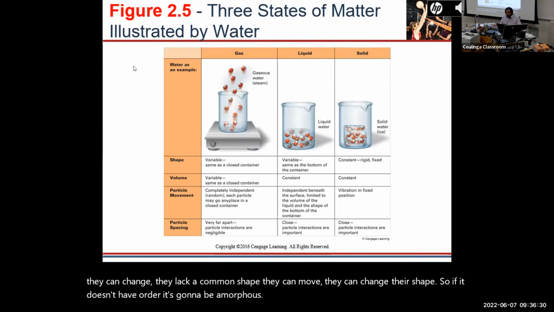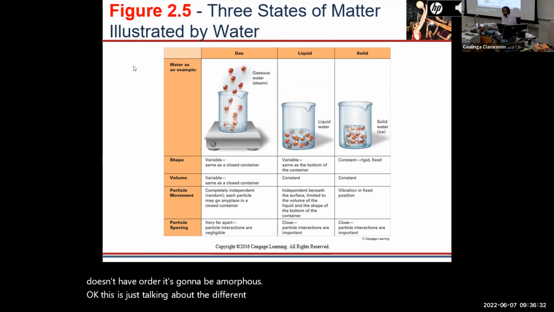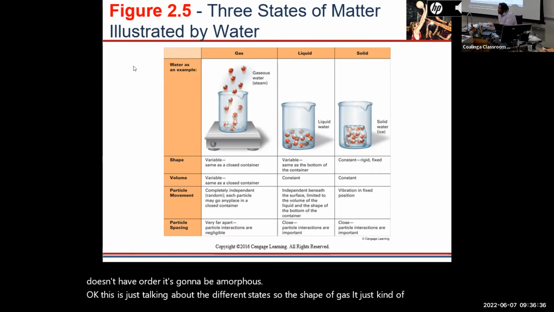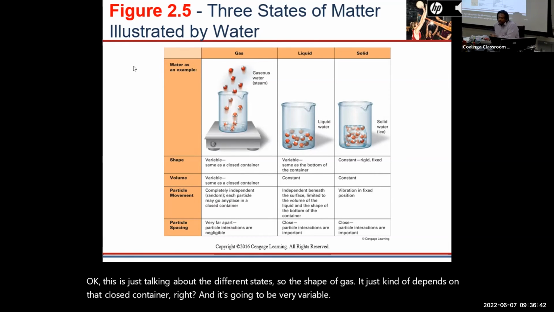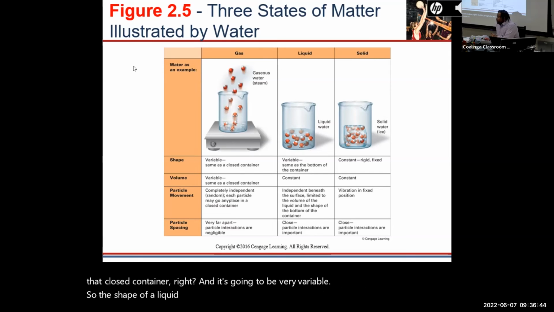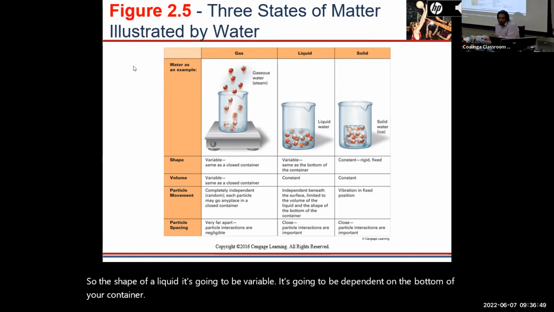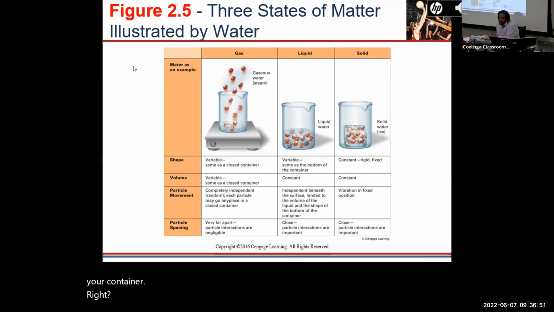Okay, this is just talking about 3 different states. The shape of a gas just depends on the container, right? And it's going to be very variable. The shape of a liquid is also variable, dependent on the bottom of the container. If it's solid, it's going to be rigid and fixed.